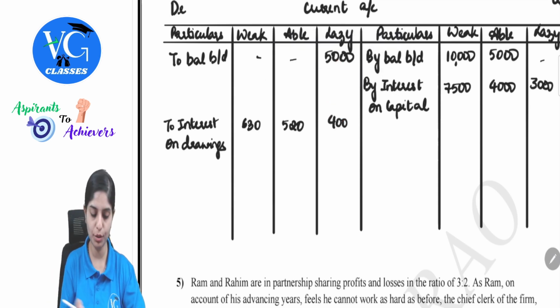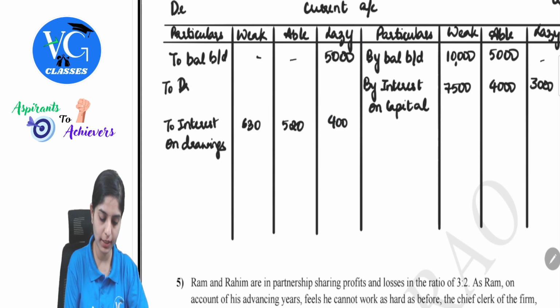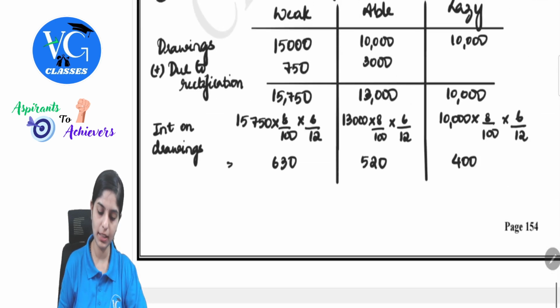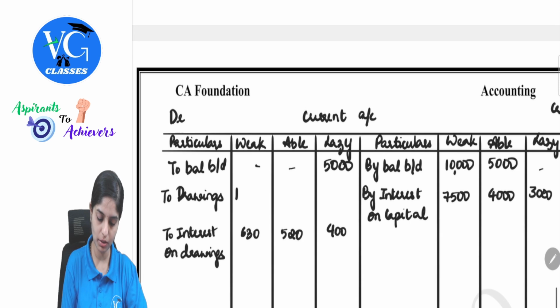Similarly, the balance is withdrawn, so therefore to drawings for Weak 15,750, 13,000 and 10,000.